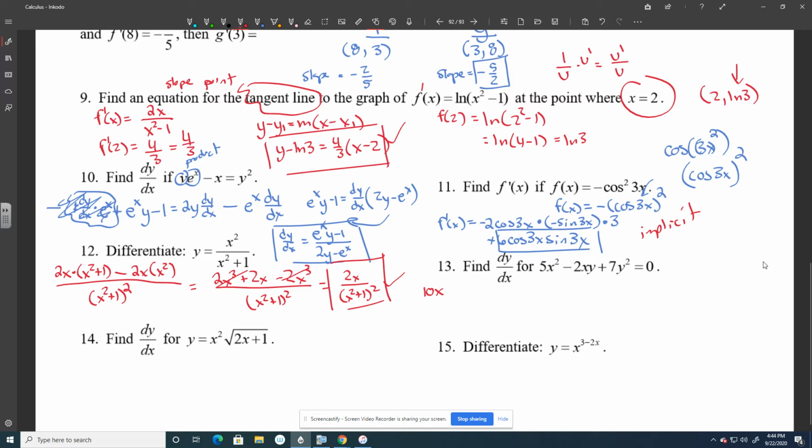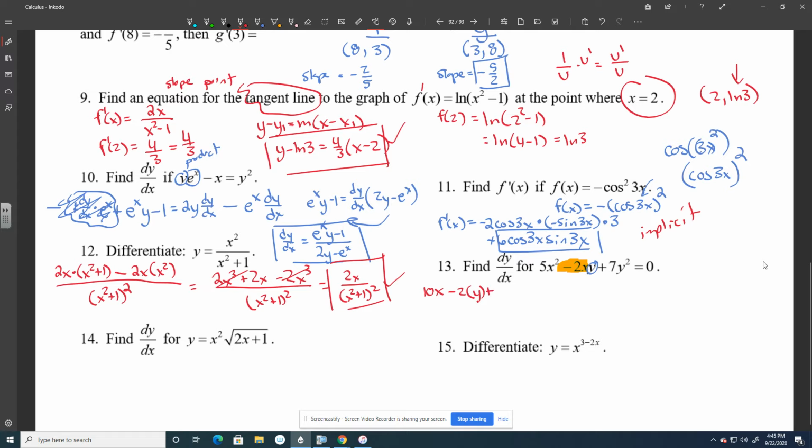Now, I've got two variables here, so I have to treat this like two functions. So I'm going to treat the -2x as one of my functions, and then we're going to treat y as the other function. So the derivative of the first, the derivative of -2x is just -2 multiplied by the second, which is just y.